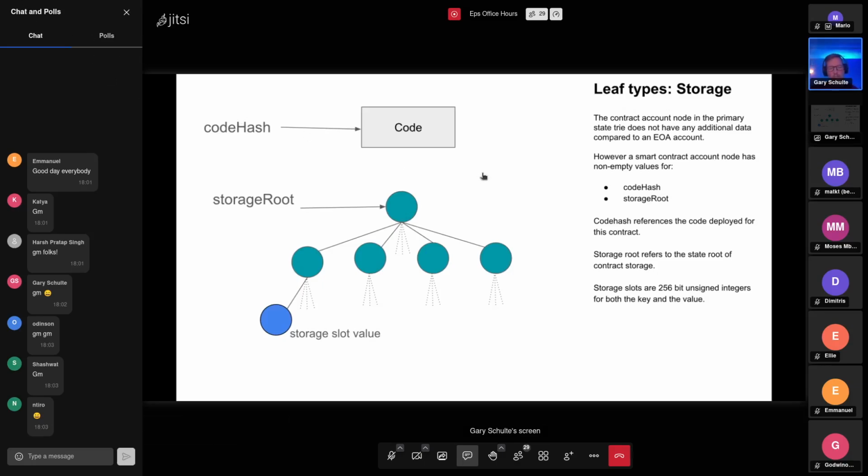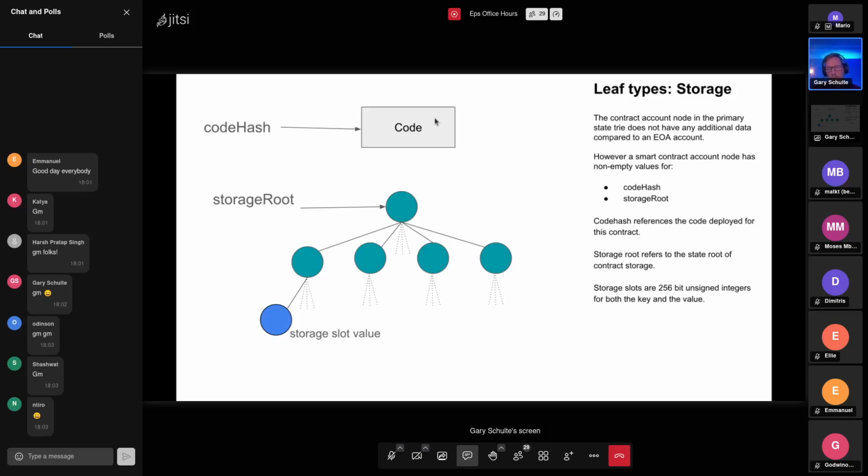It's going to be deterministic and distinct. There's no reason really not to just use the code hash as a key to look up the code in the key value store. There may be reasons to implement it one way or another, but the simplest way to think about code is just a blob that gets stored in a database by its code hash. The storage, however, is its own Merkle Patricia tree.